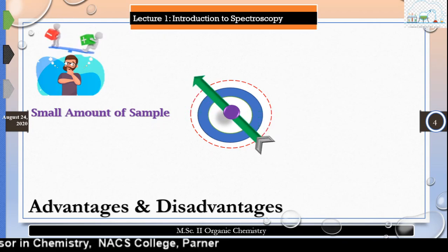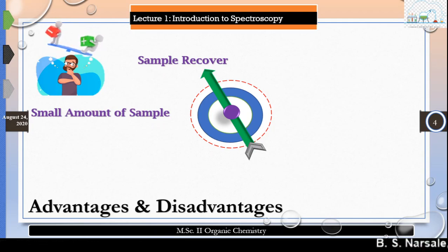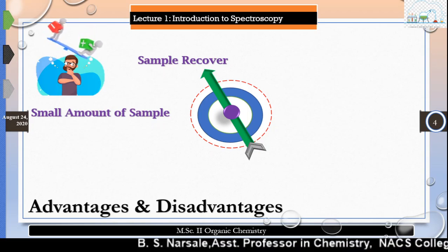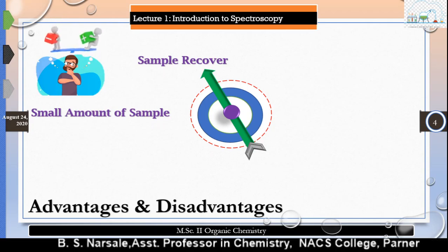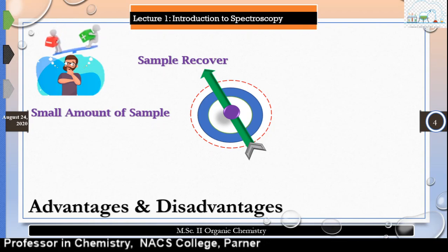And second, whatever sample you have used, it will be recovered. That means there is no loss of the sample. You get analysis and you also get a recovery of the sample.